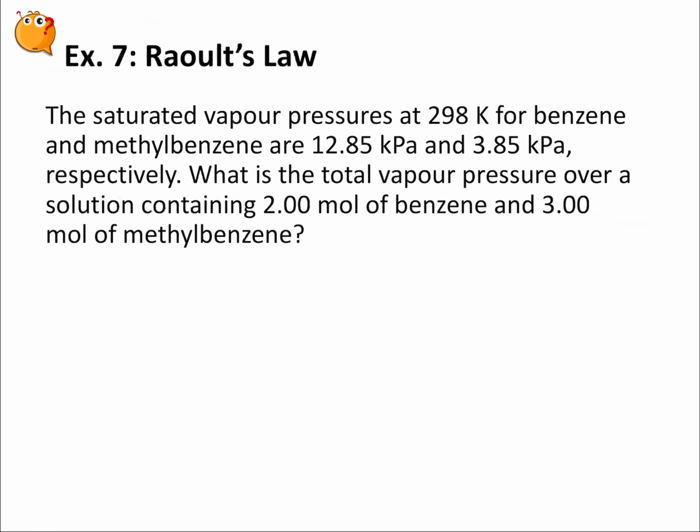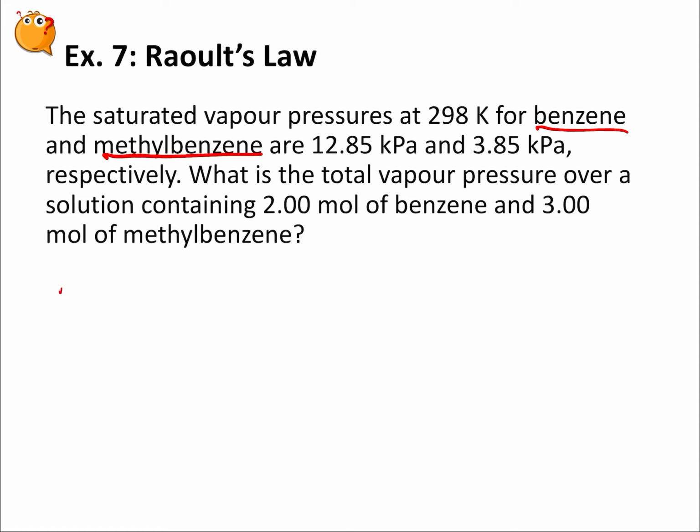So we're going to use an example here. We're going to look at a situation of an ideal solution, which is benzene and methylbenzene, and we're saying the vapor pressure of each of those when they are pure are 12.85 kilopascals for benzene, 3.85 kilopascals for methylbenzene.